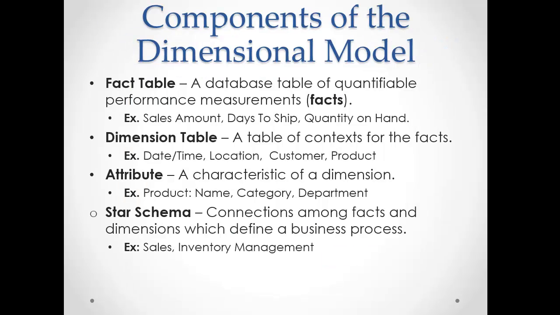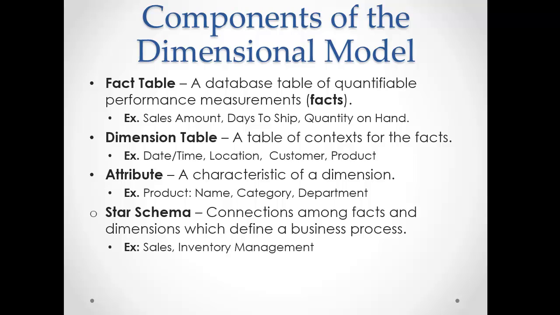Let's start with the components of the dimensional model. First, we have the fact table. This is merely a relational database table of quantifiable performance measurements. We call these measurements facts. So a fact can be something like a sales amount, or how many days it takes to ship, or the number of things that we have on hand. A dimension table adds context to our fact.